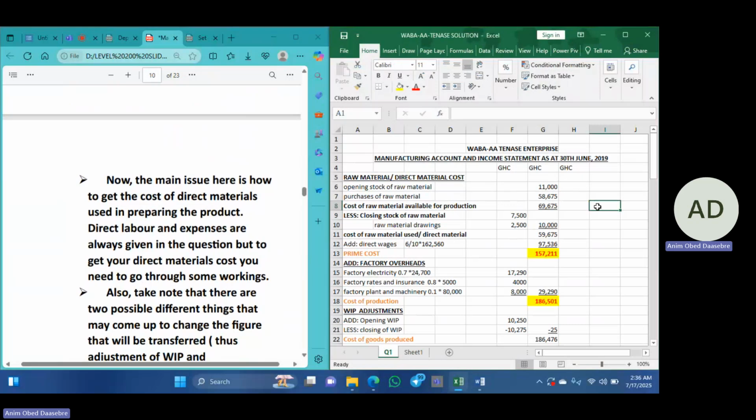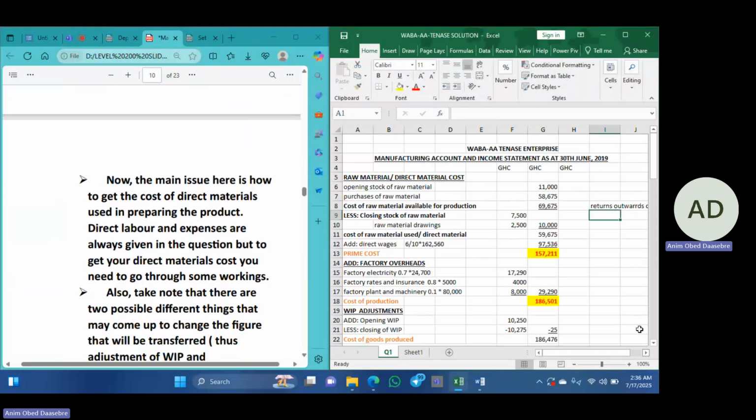That is returns outwards of raw material. That's one component, right?